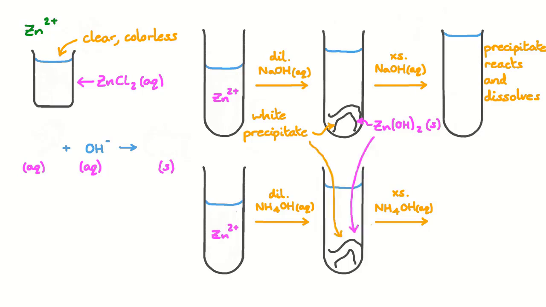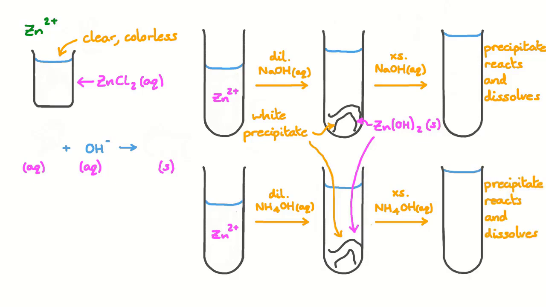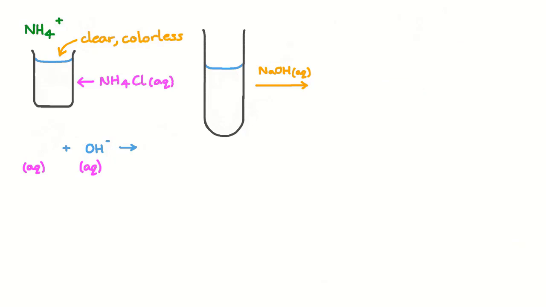We get exactly the same result with ammonium hydroxide solution and excess ammonium hydroxide solution, with the white precipitate of zinc hydroxide dissolving in excess ammonium hydroxide. And in our balanced ionic equation, the zinc 2+ ions and OH- ions are in a ratio of 1 to 2. Now let's move on to the only non-metal cation in this video.